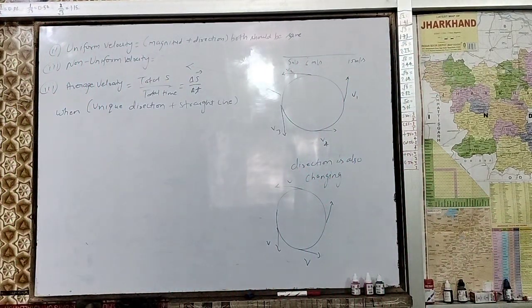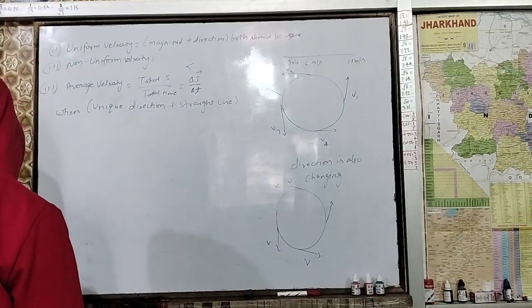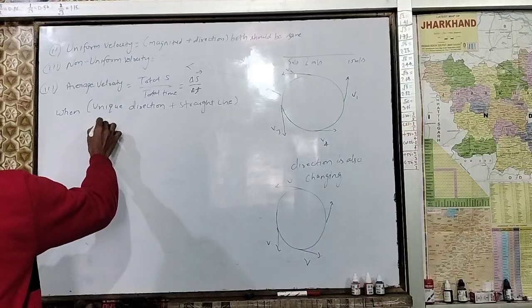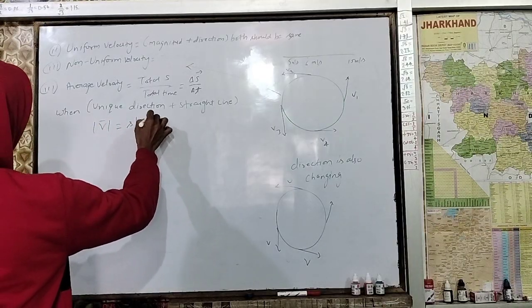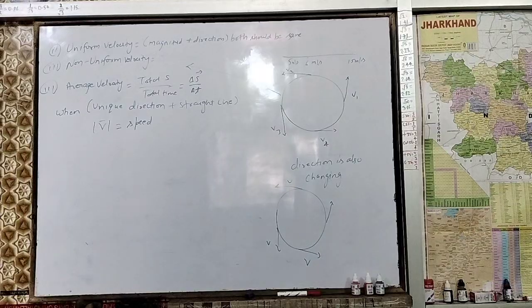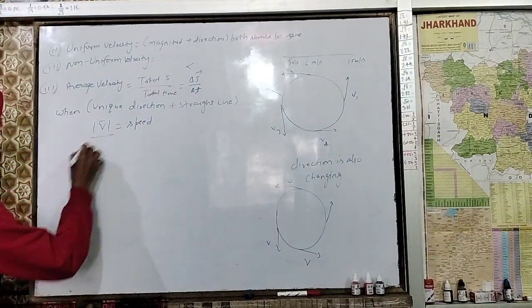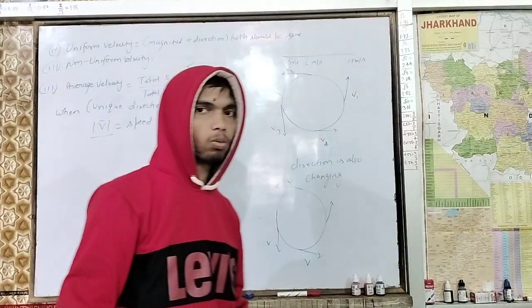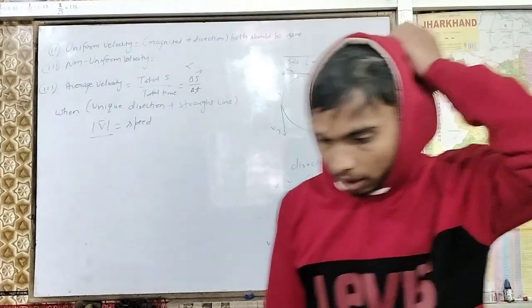Rectangular direction, straight direction, plus a straight line. In that case, our velocity will be equal to speed. Why? The reason is, first of all, we applied mode here. It means we removed the direction completely.